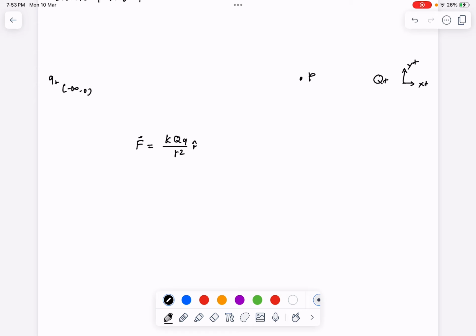So the integral we have, so the work external equals the integral from negative infinity to point P, K, Q, little q, over R squared dr.